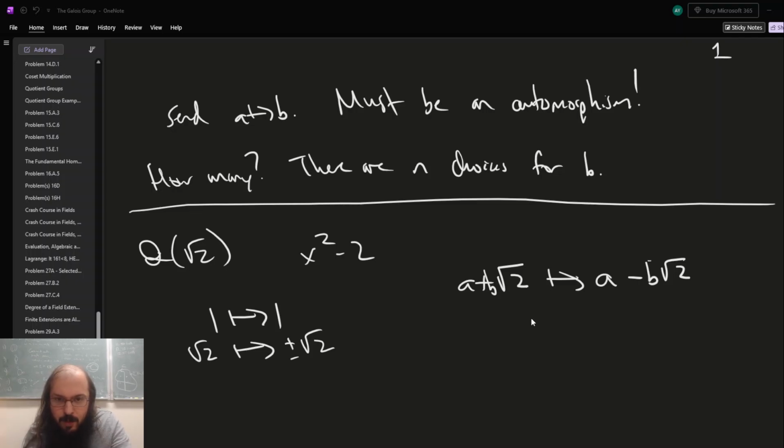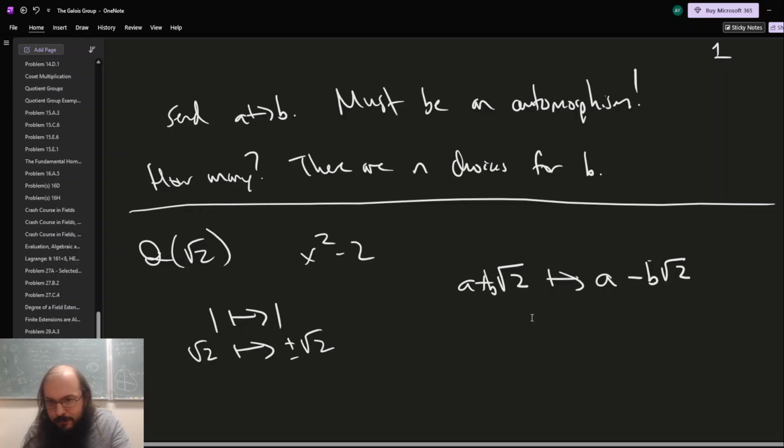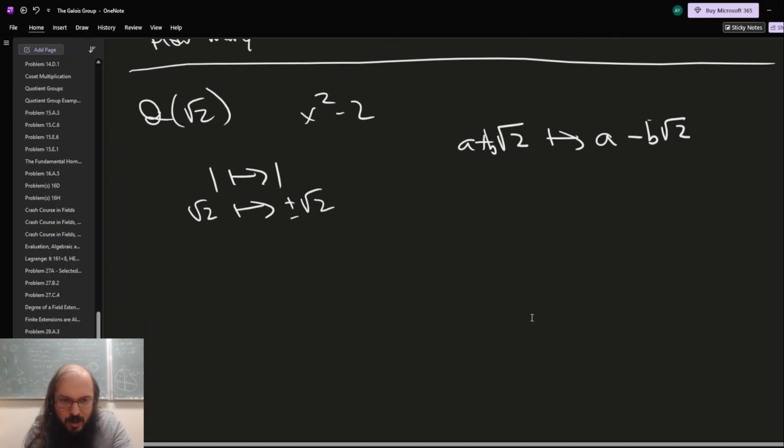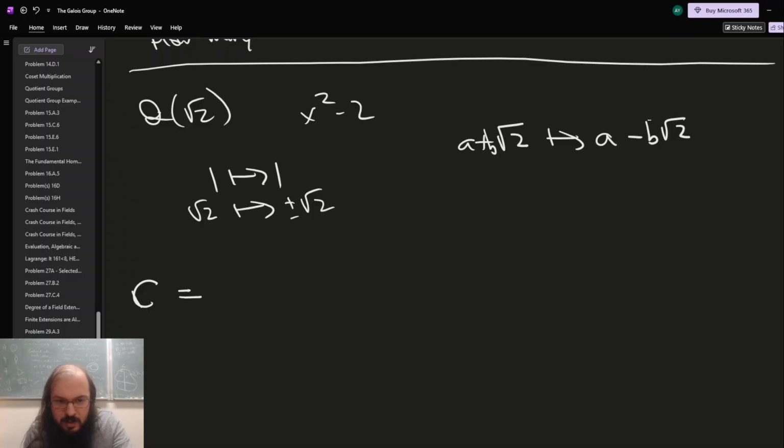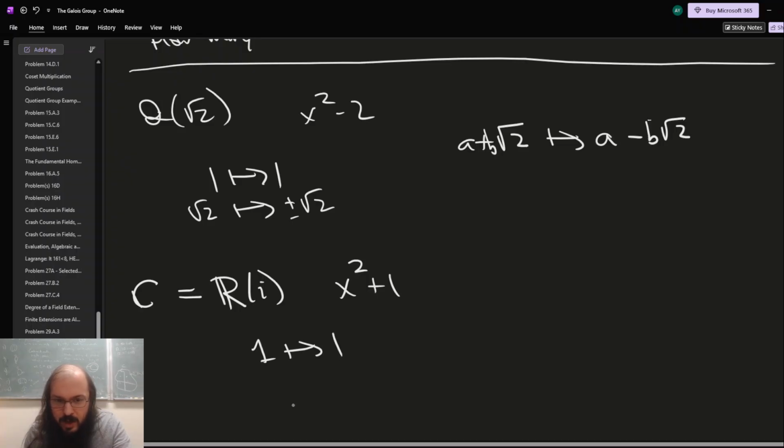While we're thinking about this, that this vaguely looks like complex conjugation, we should point out that complex conjugation is not any different. C is R adjoin i, the root field of x squared plus 1 over R. And so the choices for automorphism are 1 goes to 1 as a complex number, and then i goes to plus or minus i.